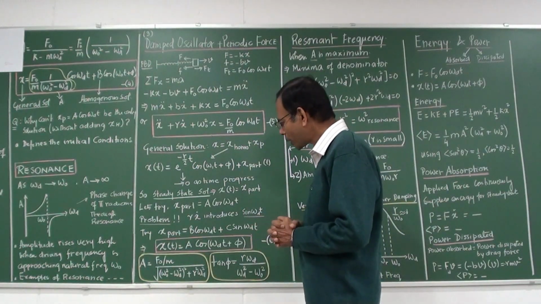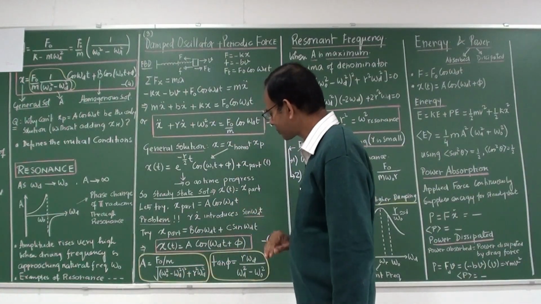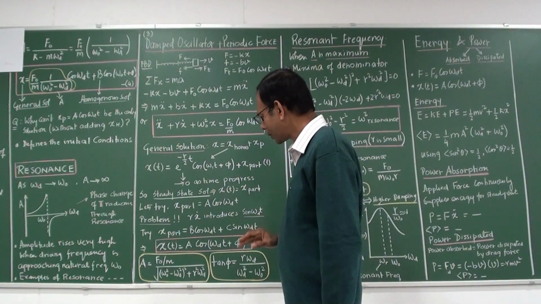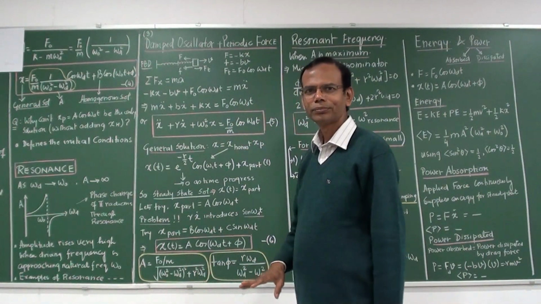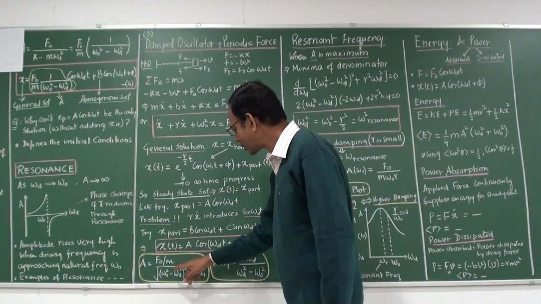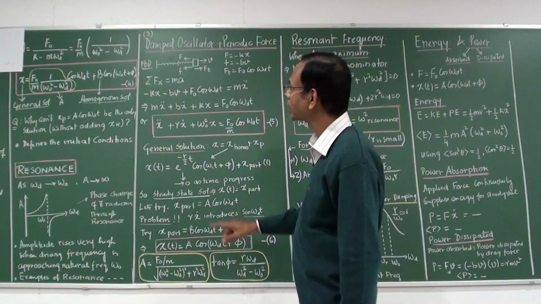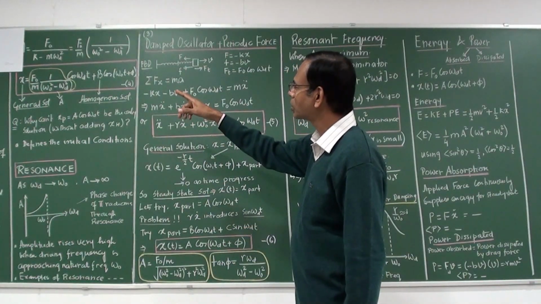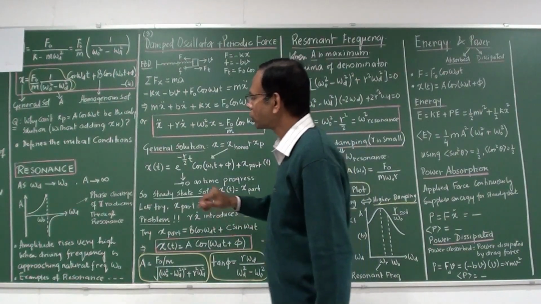Okay. What more can we learn from here? Suppose our gamma is 0. Now if gamma is 0, then you will see that it is f0 by m, 1 over omega 0 square minus omega d square. So it is just the previous one.